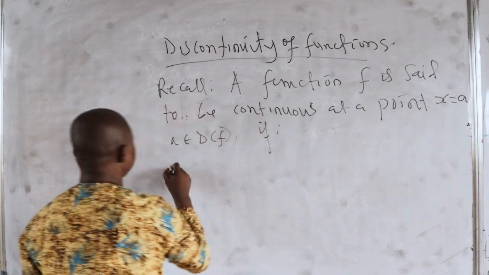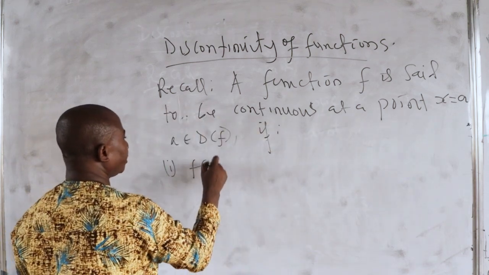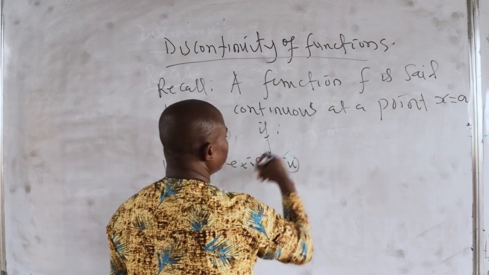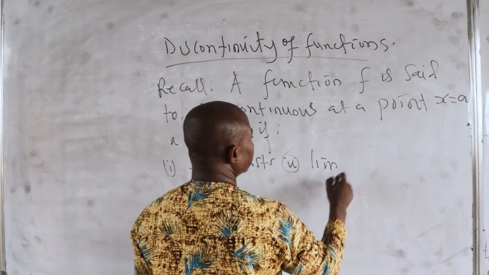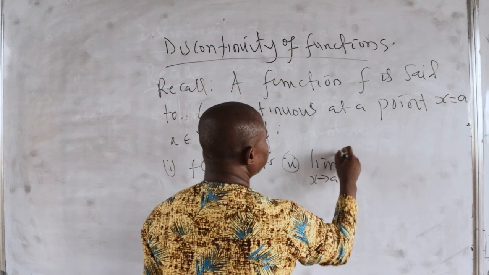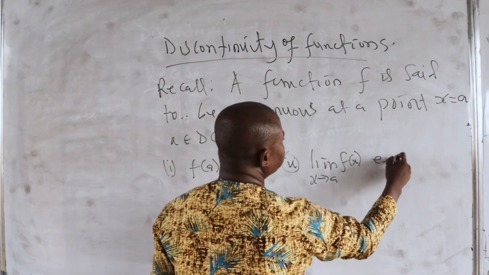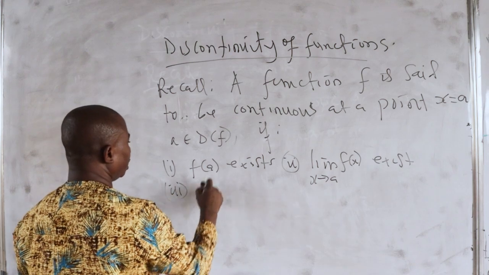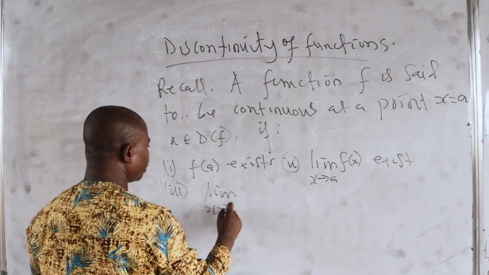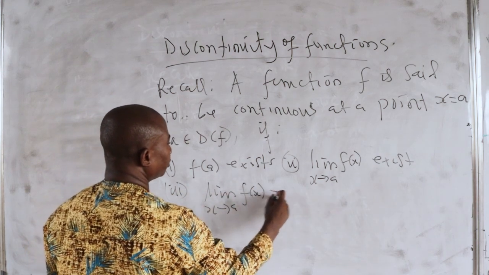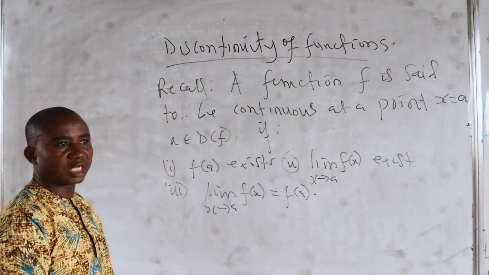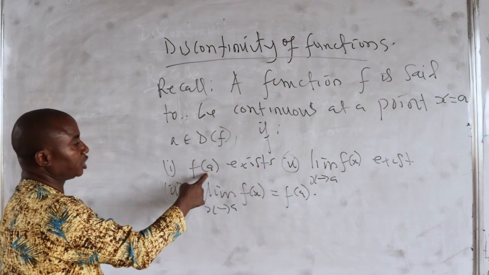Number one, we want f of a to exist. Number two, we want the limit as x tends to a of f of x to exist. And number three, we want the limit as x tends to a of f of x to be equal to f of a. If these three conditions are satisfied, we say that a function is continuous at the point a.